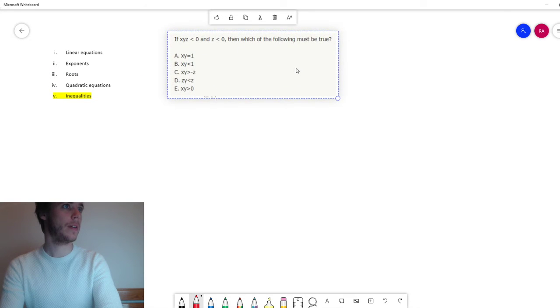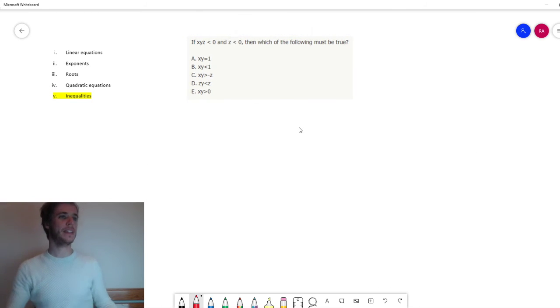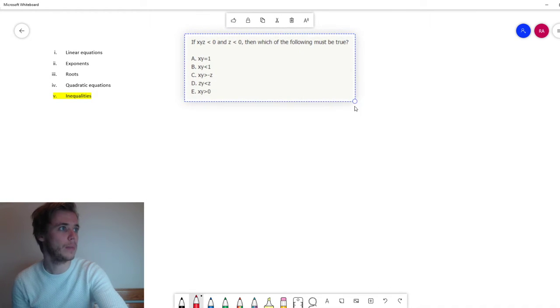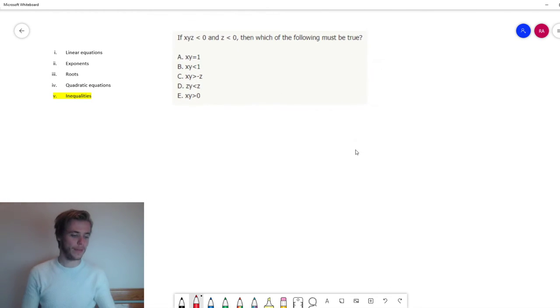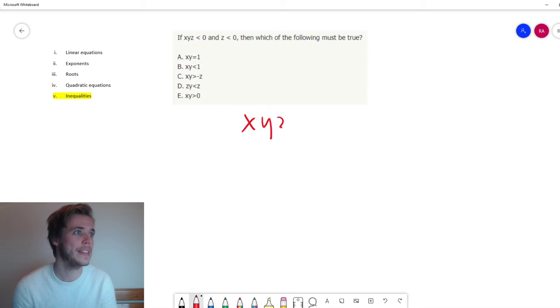Second question. If xyz is smaller than 0 and z is smaller than 0, then which of the following must be true? xy is greater than 1. So we get xyz is smaller than 0, and we get the info that z is smaller than 0.